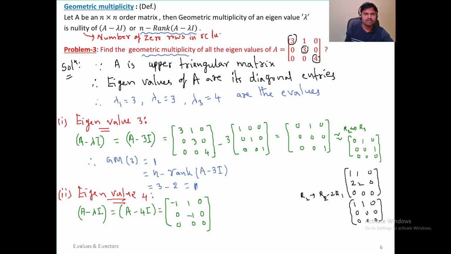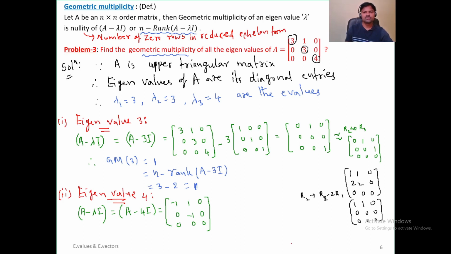Now it is very clear. Reduced echelon form of A minus lambda I, complete A minus lambda I.